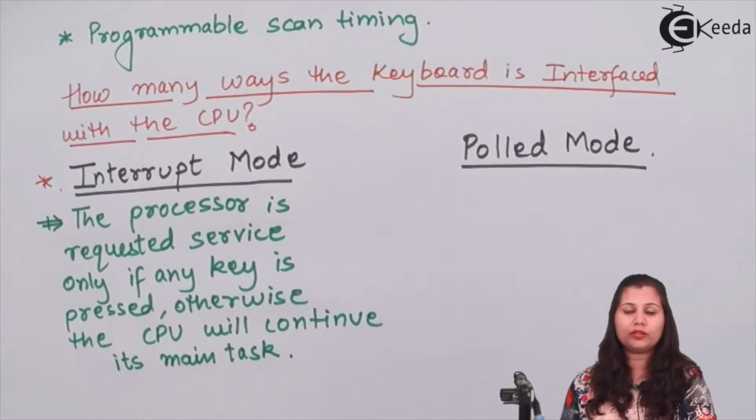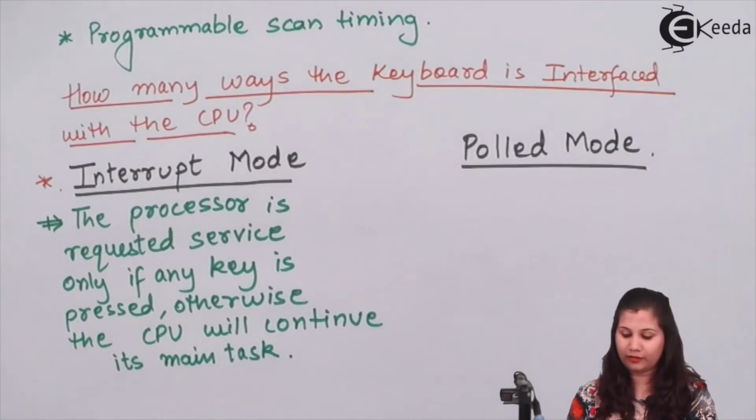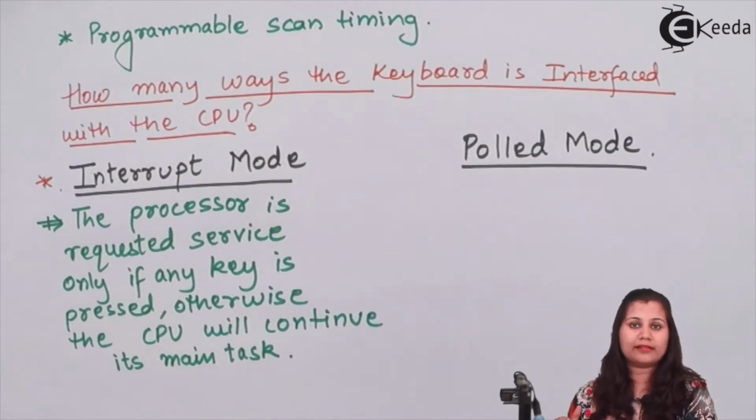So in this mode, the microprocessor will be interrupted. Interrupted means a service will be requested. We want the service of the CPU, that it makes a response according to the key which is pressed.